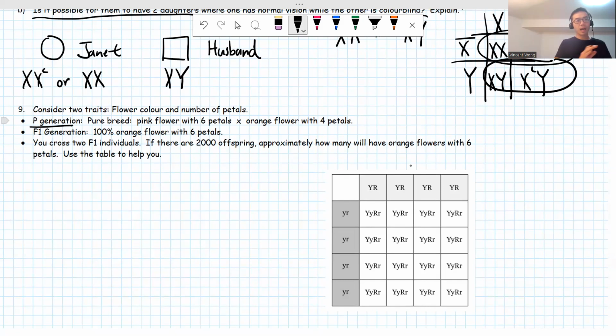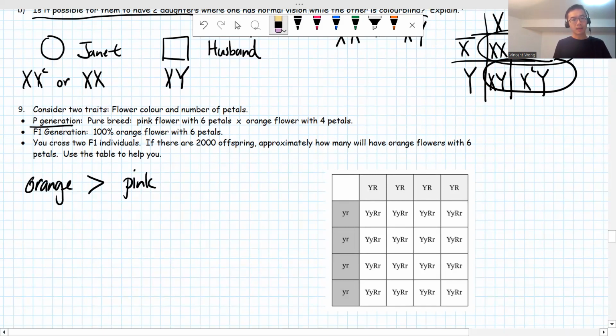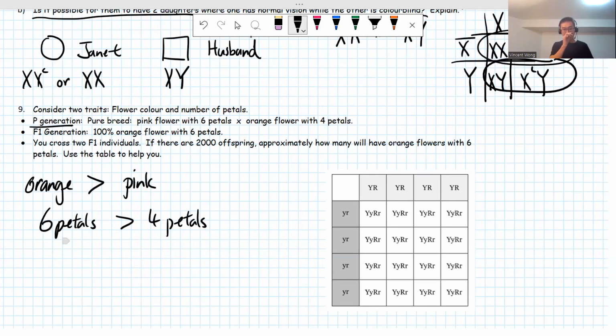In the F1 generation, 100% are orange flowers with 6 petals. So orange is dominant over pink. When I write the greater than sign like that, that means dominant. And 6 petals is dominant over 4 petals. So you cross F1 individuals.